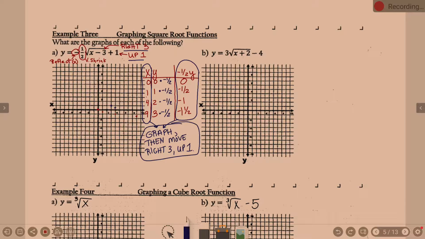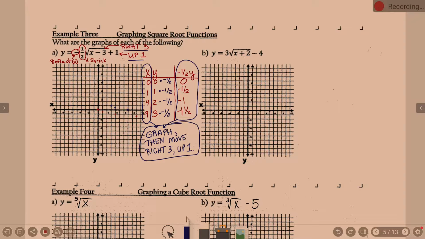I had 4, negative 1. I'm going to go right 3, which puts me at 7. I'm going to go up 1, which puts me at 7, 0, I believe. And then 9, negative 1.5.